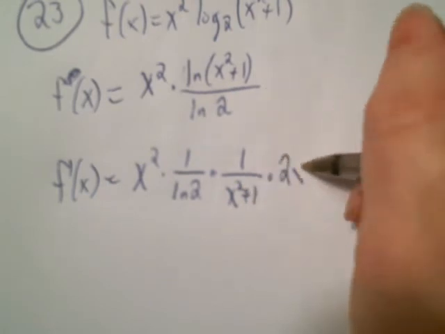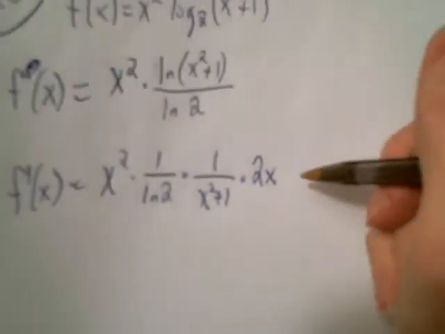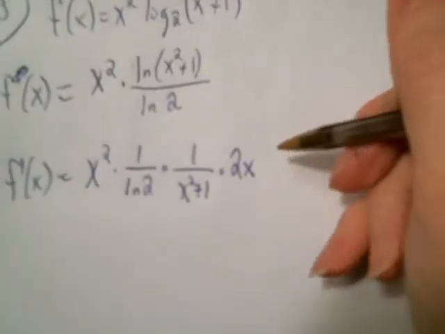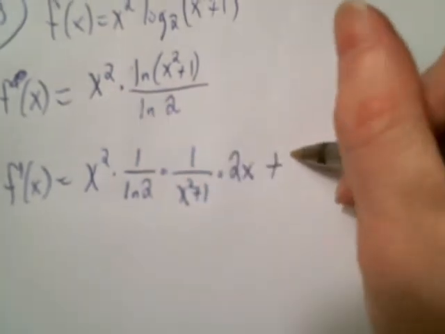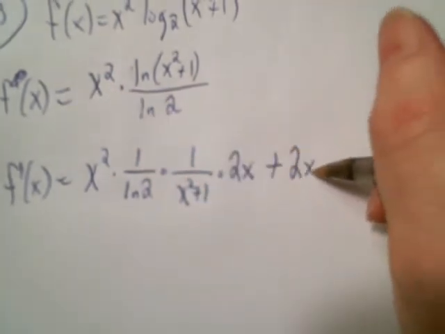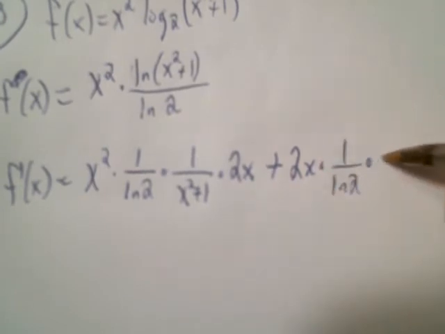That's 2x. So x squared, the derivative of that is 2x, and the derivative of 1 is 0. Okay. And then plus, now you take the derivative of x squared. So that would just be 2x times the 1 over ln2, if you wish, times the ln of x squared plus 1.